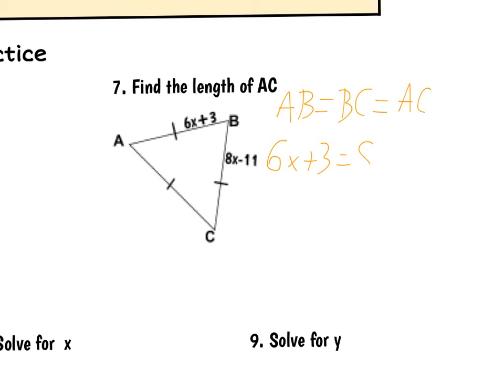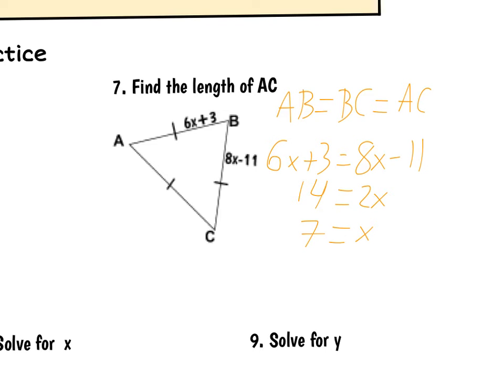We know that must equal 8x minus 11. And we can use these two sides to solve for our x. So we're going to move the x's to one side, end up with 2x over there, move our other values to the other side, leave us 14, or x is equal to 7.